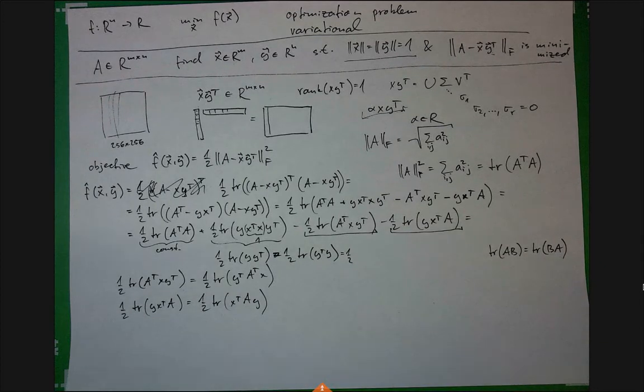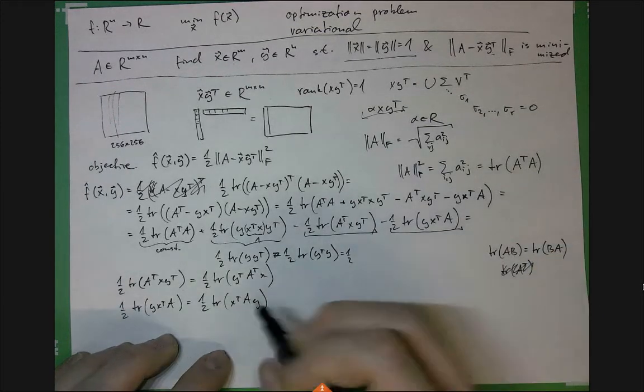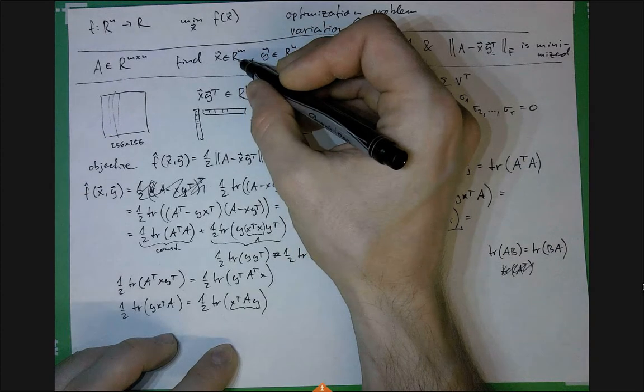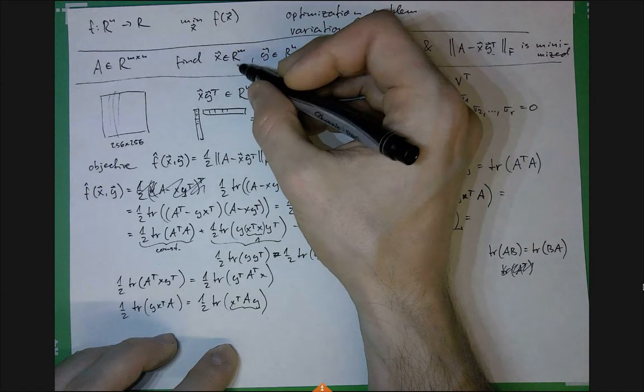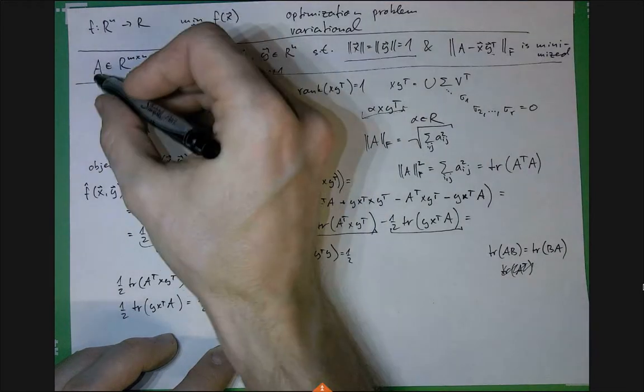Do you see the next step? There is one more cool property of the trace, right? Exactly, because they are transposes of each other. Actually, you don't even need any property of the trace, right? They are exactly transposes of each other. And what's the dimension of this matrix? So let's see. X was an m by 1, right? Y was n by 1, right? And A is m by n, right?